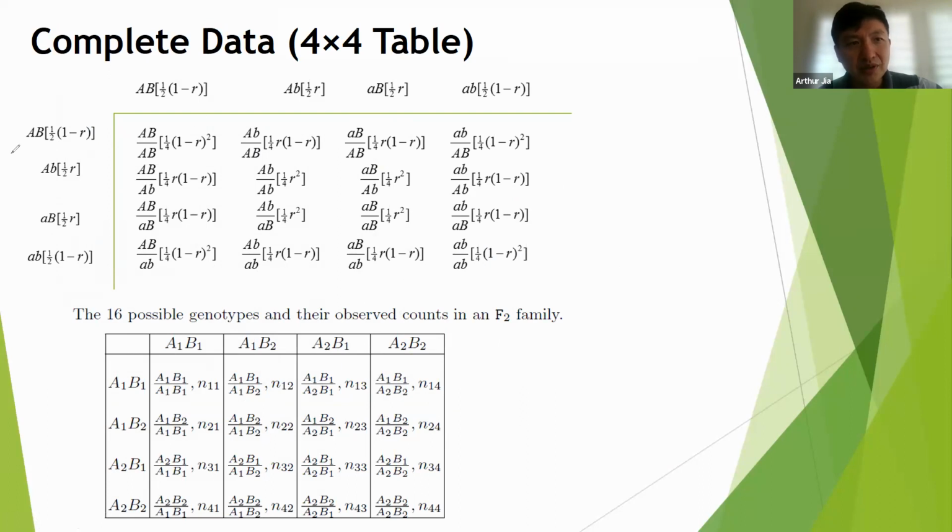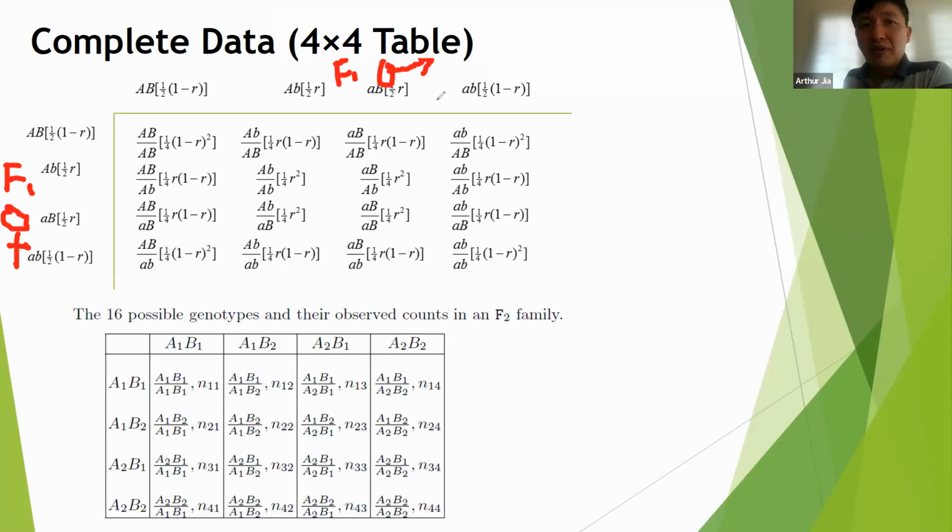Suppose this is one F1 parent. Let's say this is the female parent and this is another F1 parent, male, because they're both F1 progeny. Each of the parents can produce 4 possible gametes, right? So these are 4 possible gametes from this parent, and the same 4 possible gametes from the other. These 2 parents are actually equivalent.